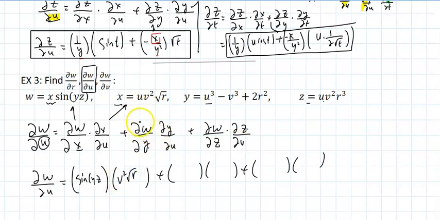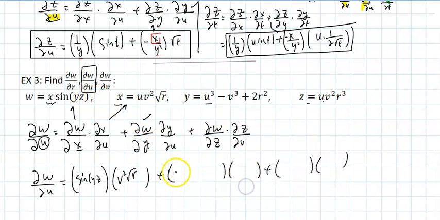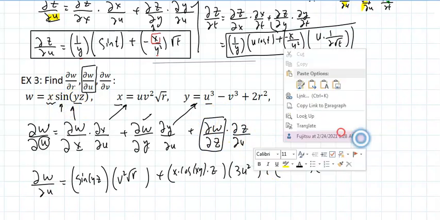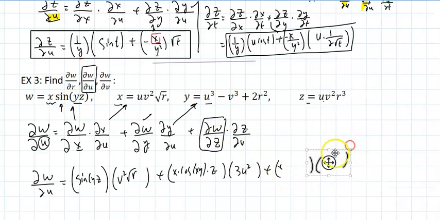The partial of W with respect to Y, X is a constant, cosine of XY times, with respect to Y that's a Z, and the partial of Y with respect to U is 3U squared, and the partial of W with respect to Z, that is X. Lengthy problem, not hard, you just have to get used to it.